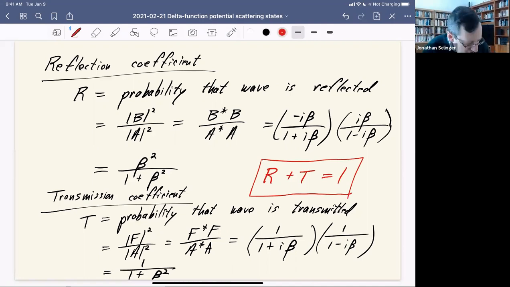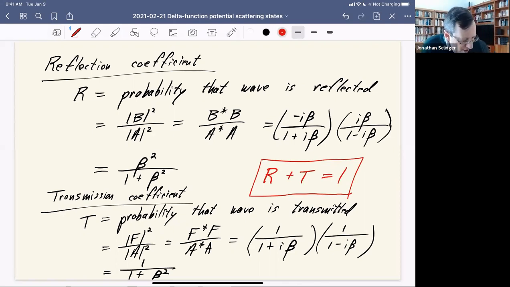There's a conservation of stuff. We can see that the total amount of probability is not increasing or decreasing, it's just staying the same. We could also go back and refresh our memories about what this parameter beta is, and then try to interpret it in terms of energy.